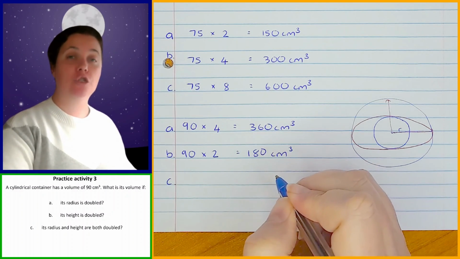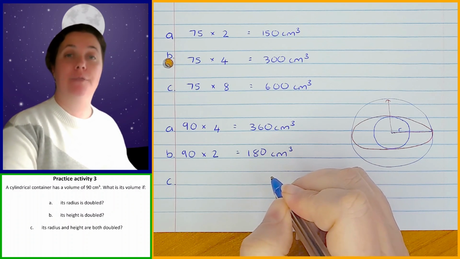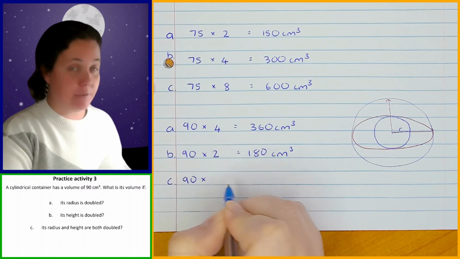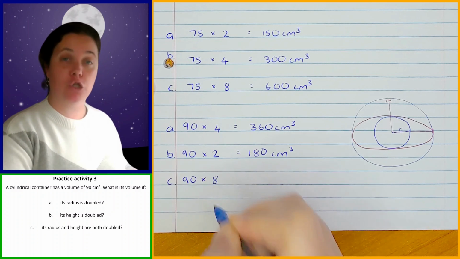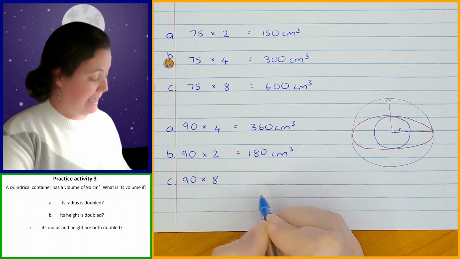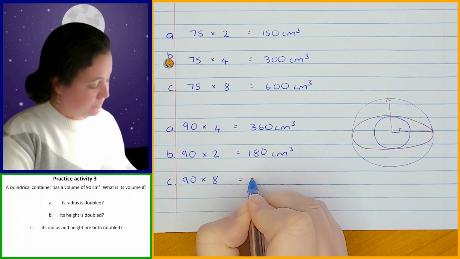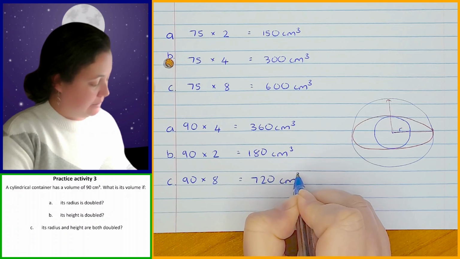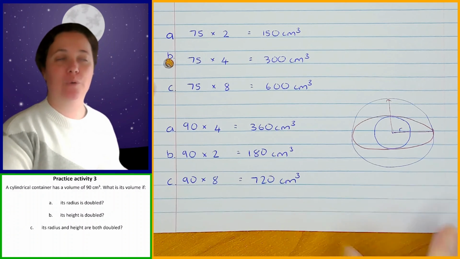It's 3 2's because I'm doubling 3 dimensions. So I've got 90 times 8, because that's 2 cubed, or 2 times 2 times 2, that's 8. And that gives us 720 centimeters cubed. So that's what you should have got for question C.